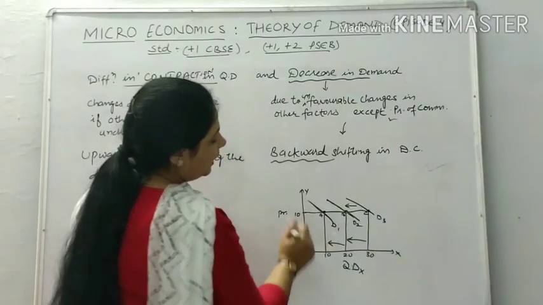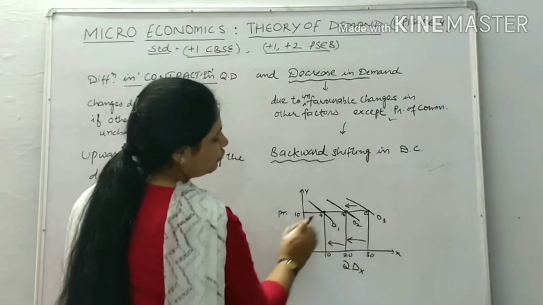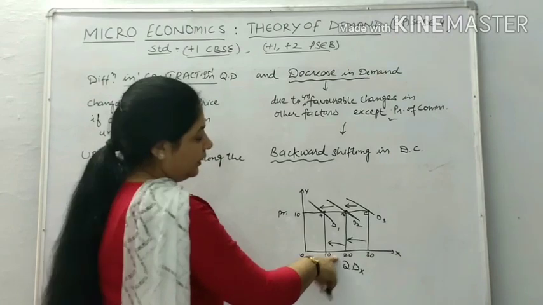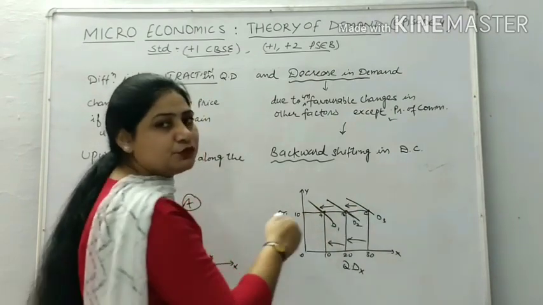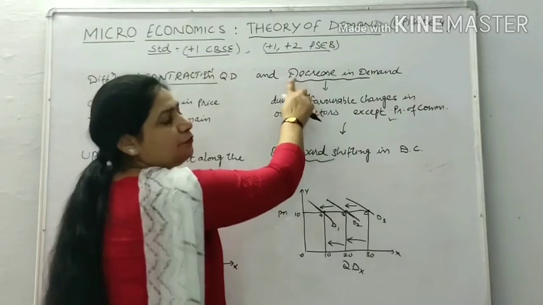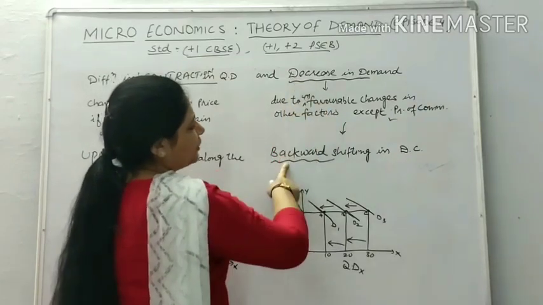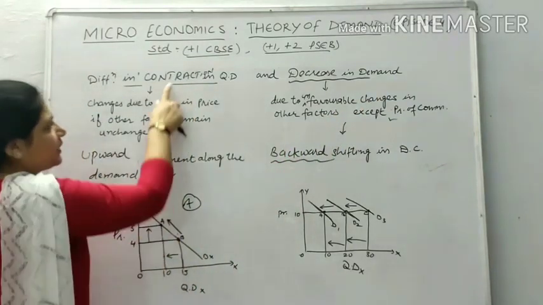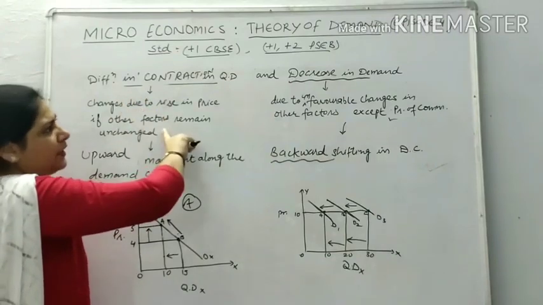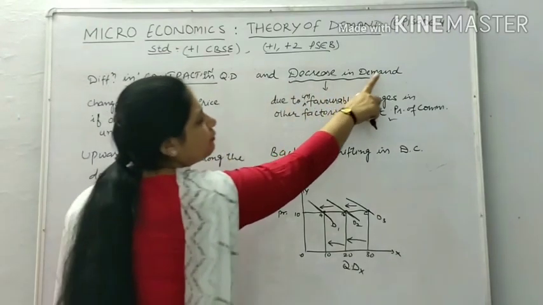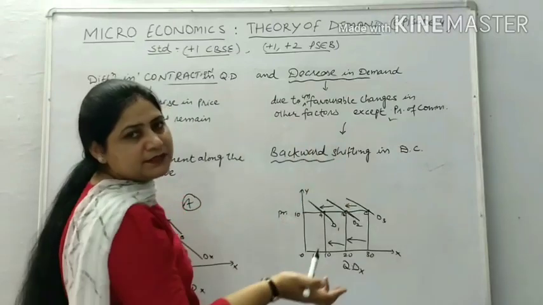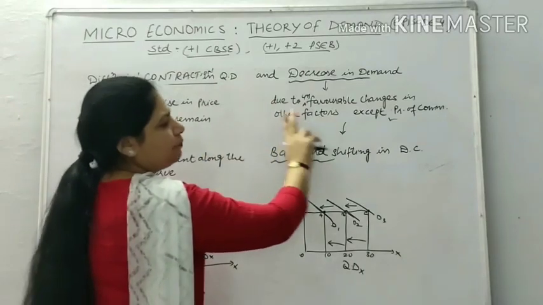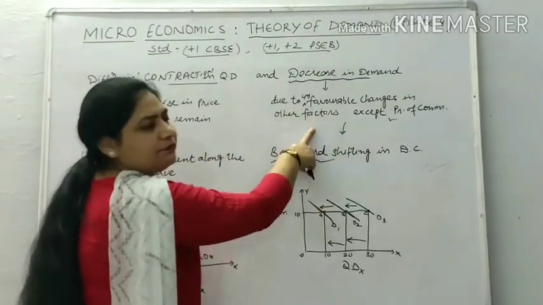Again, the D2 demand curve shows his new condition, which shows a decrease in demand. The backward shifting of the demand curve shows decrease in demand, while upward movement shows contraction in quantity demanded. This is the basic difference: in one, the price matters, and in the other, price doesn't affect at all, only other factors.